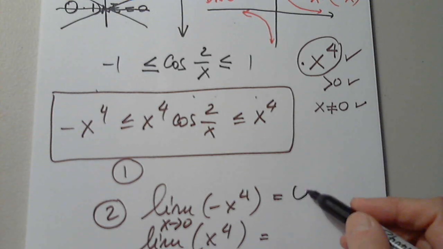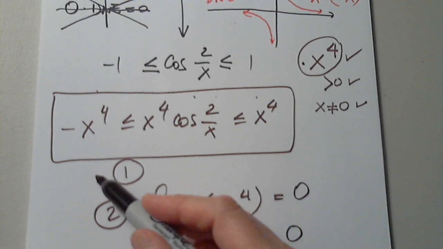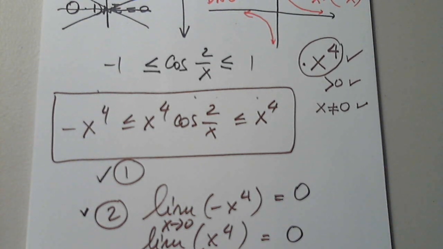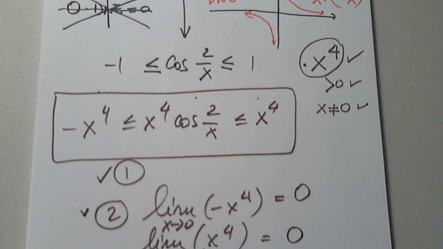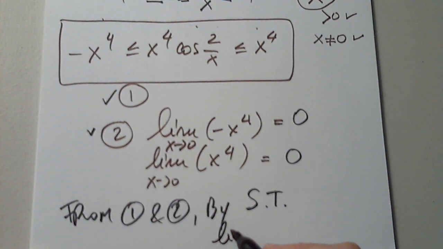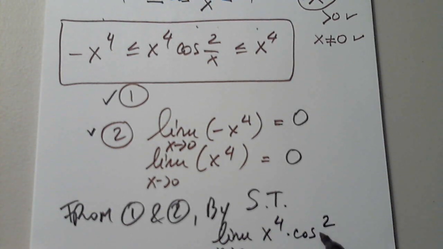It will be 0. Yes, of course. Now from 1 and 2, by the squeeze theorem, can anyone conclude for us the limit as x approaches 0 of x to the fourth times cosine 2 over x? What would that equal to?